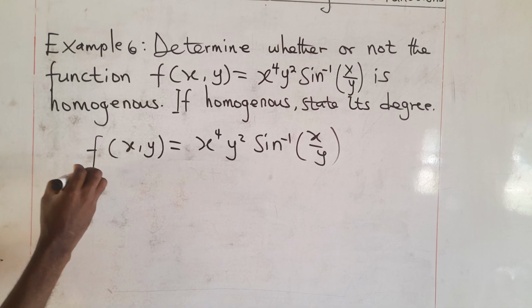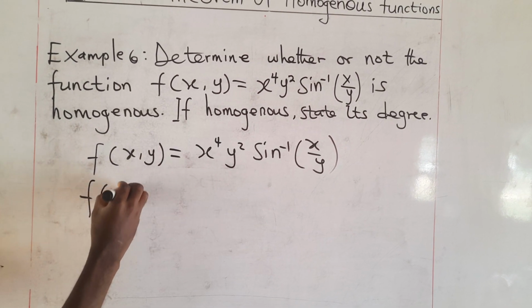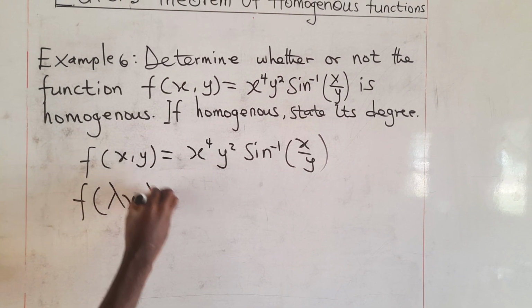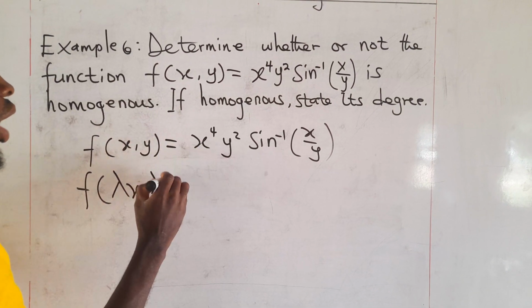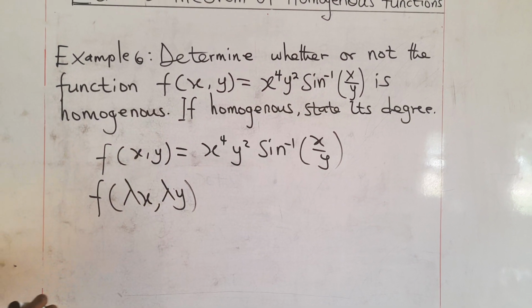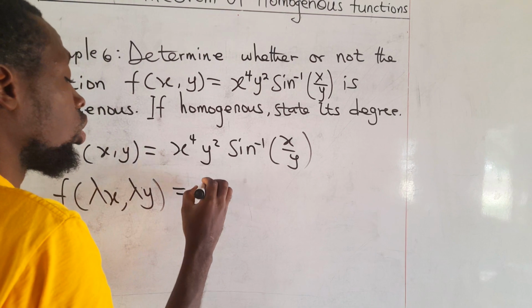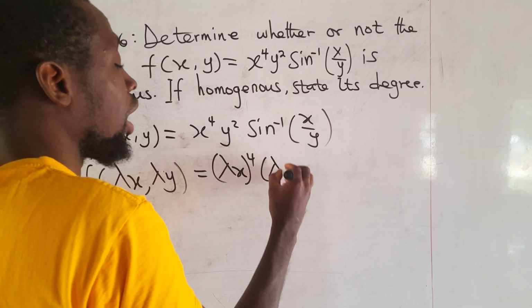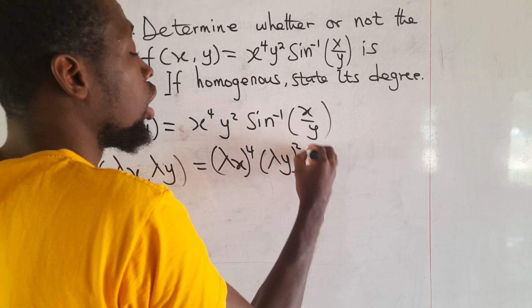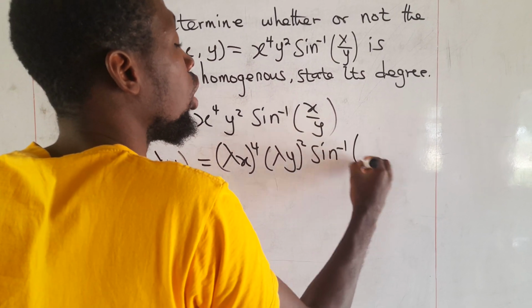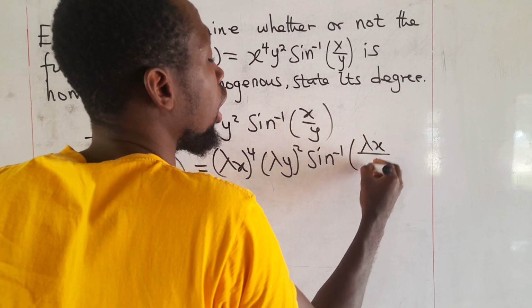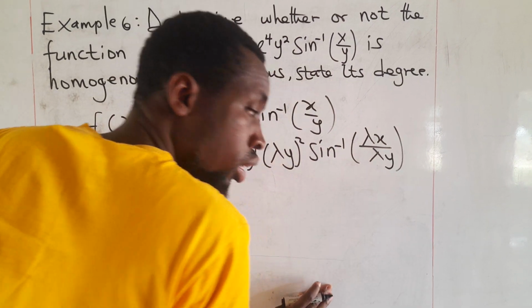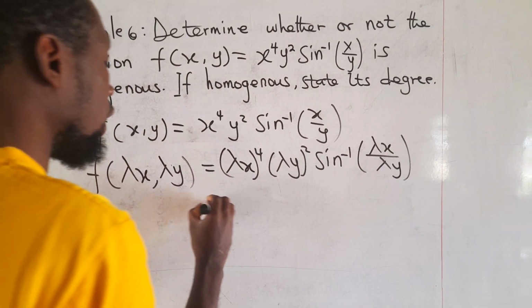So we are going to borrow Euler's theory, which says that we should introduce the parameter lambda to affect the independent variables. So what are we having? We have lambda x exponent 4, lambda y square, then sine inverse of lambda x over lambda y. Now what do we do? We simplify.